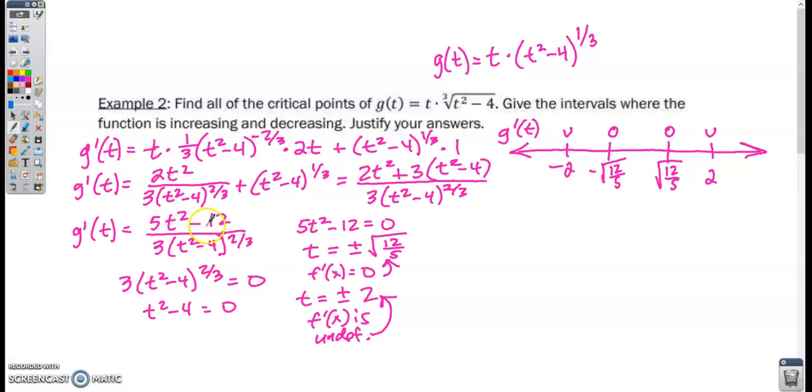That gives me negative 12, so negative over, and negative 4 to the 2/3 is going to be a positive value. So I'm going to have a positive over a positive. Is that right? Oh, I'm sorry, I had a negative numerator. Negative over a positive, so that value is going to be negative on that interval. Let's see, I need a number between the square root of 12/5 and 2. Oh gosh.